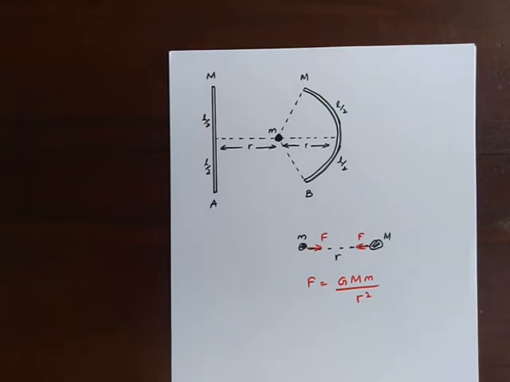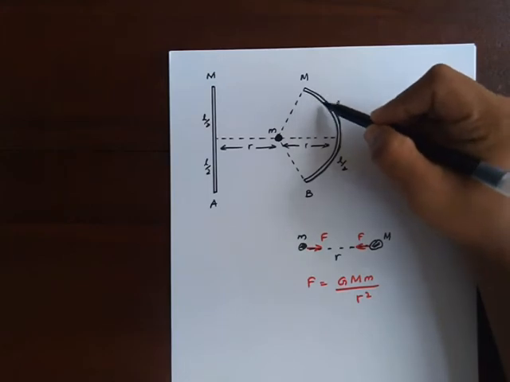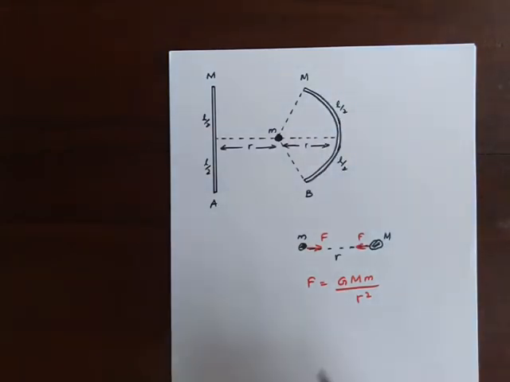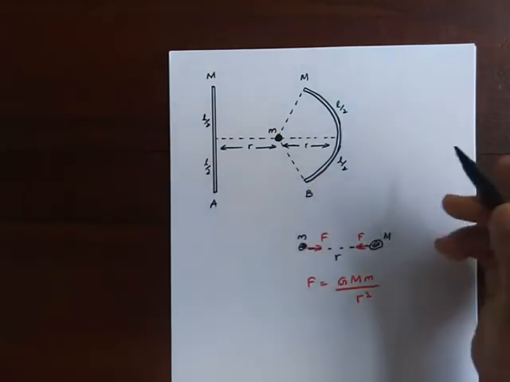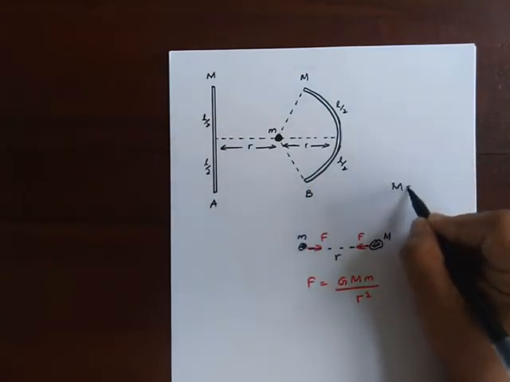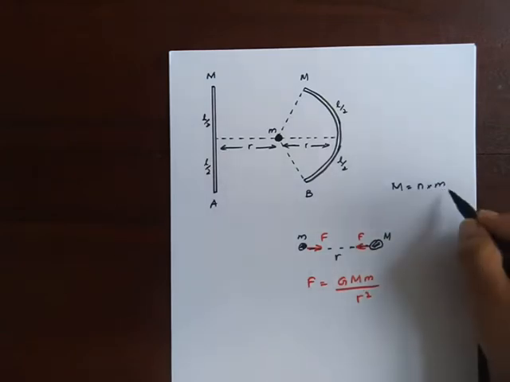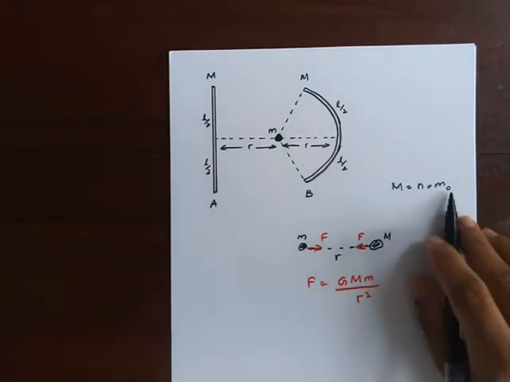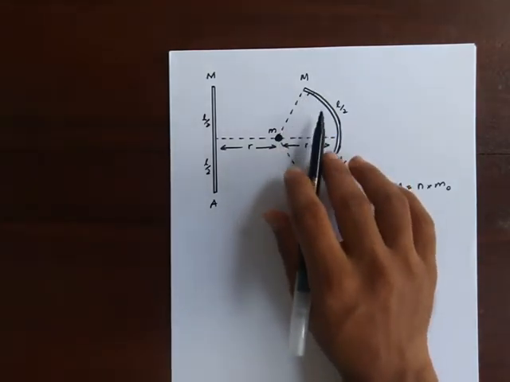For that I'm going to cut this into point masses. For example, I can cut this into n number of point masses, so I can write M is equal to n times m naught, where m naught is the mass of a point mass. So I cut this into n number of pieces.